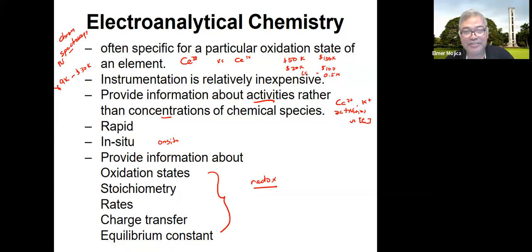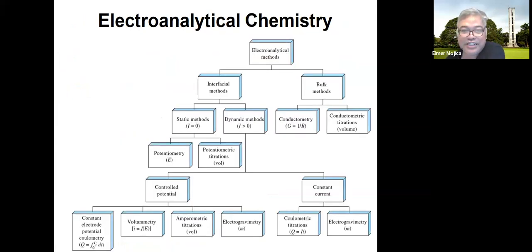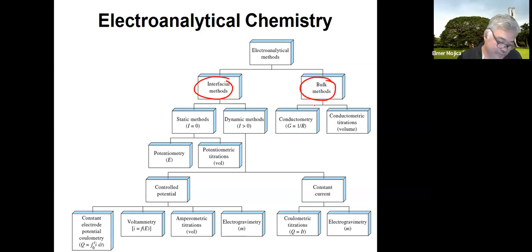So if we're going to look at electroanalytical chemistry, you could say electroanalytical methods are divided into two. One is the interfacial methods, and the other one is what we call the bulk methods.